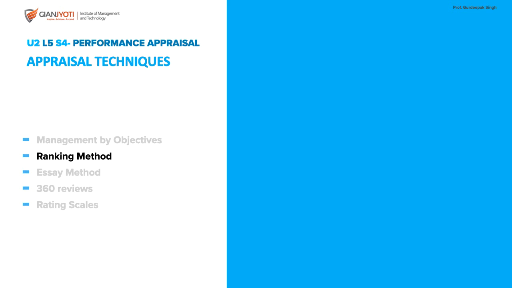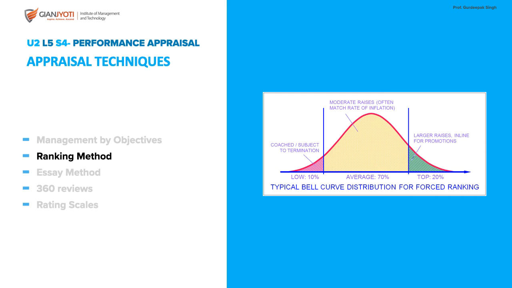The second is the ranking method. In the ranking method, what we do is, based on certain parameters, we try to rank all the sales reps of the sales force. Once we rank them, then we make 3 groups.